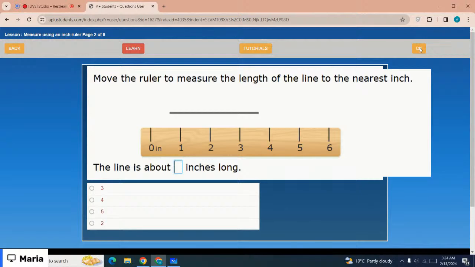The correct option is 3 inches long, right? The line is about 3 inches long.